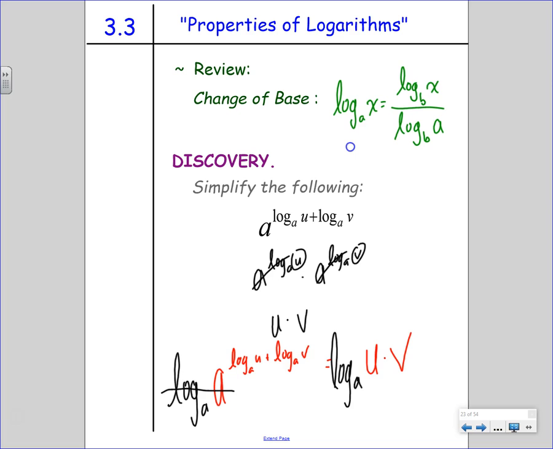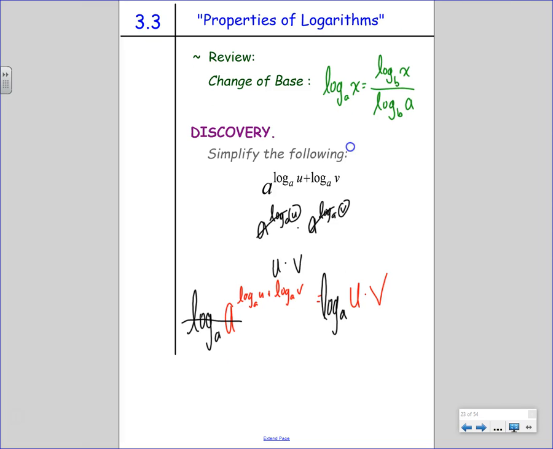If I get rid of that a, I have log base a of u plus log base a of v, two separate, seemingly unrelated logarithms being added, equal to log base a of a single logarithm of the product u times v.